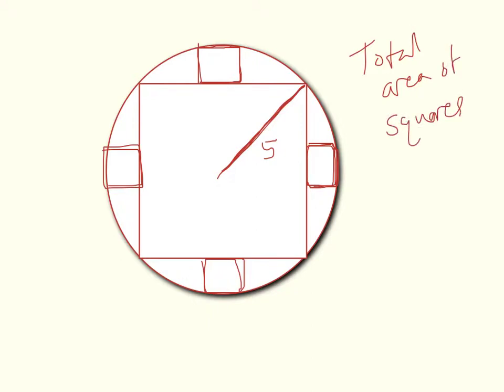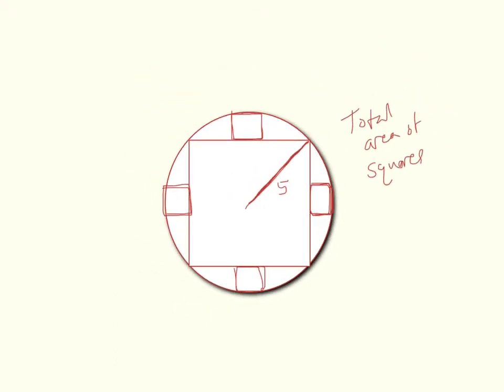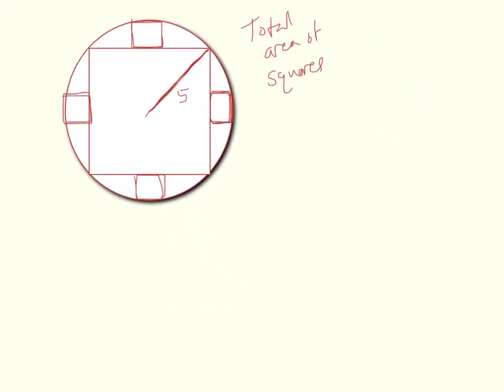Okay, so first things first, let's figure out the area of the big square. If I look at the diameter, of course, it is 10. And that's a diagonal of the big square.